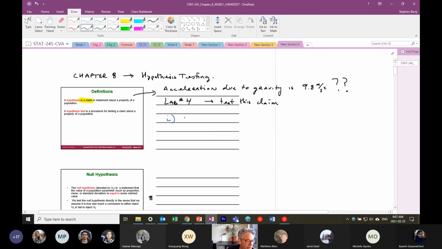So scientific experiments have what's called a null hypothesis, and that's symbolized H0. This is the skeptic's point of view. Let's say you were to tell me after you conduct your experiment that your results show that the acceleration due to gravity is actually 9.72.